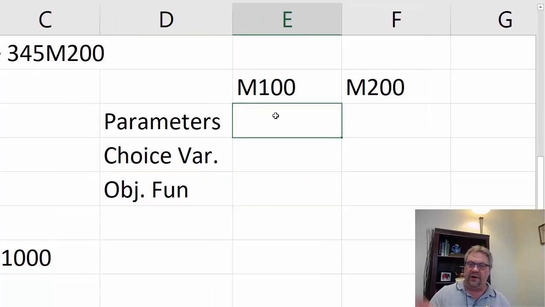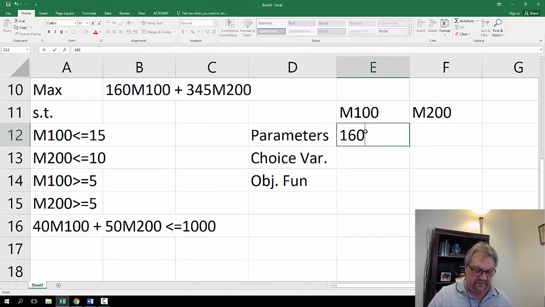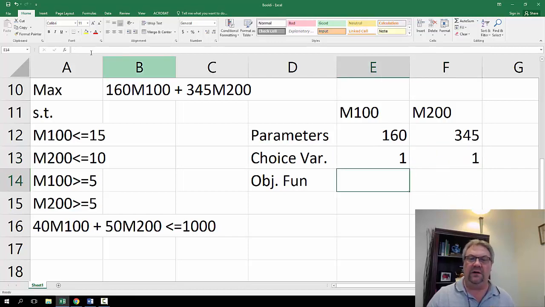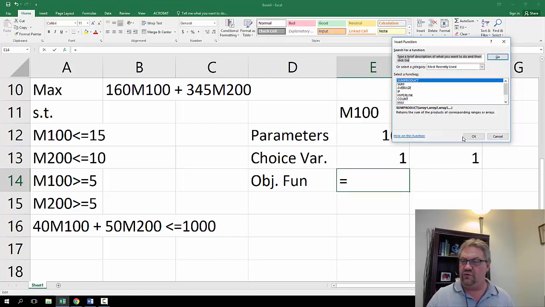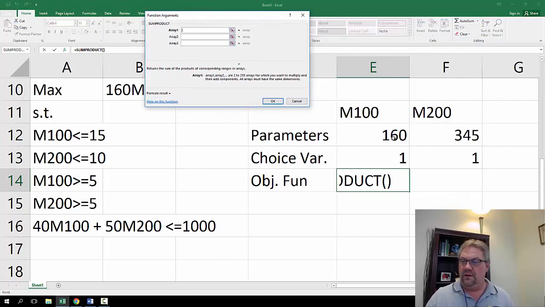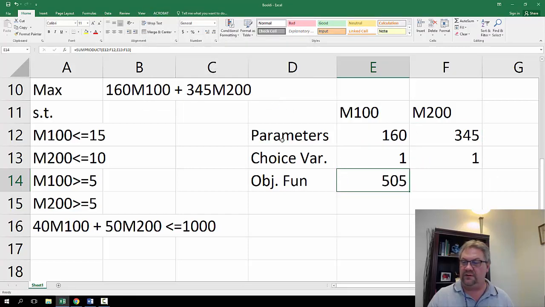Okay, so the parameters from the objective function: 160, 345, placeholders, and then the sum product. Okay, parameters, choice variables, voila, done.